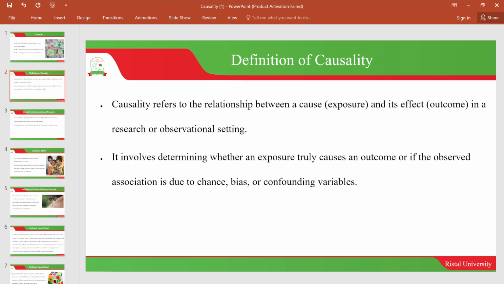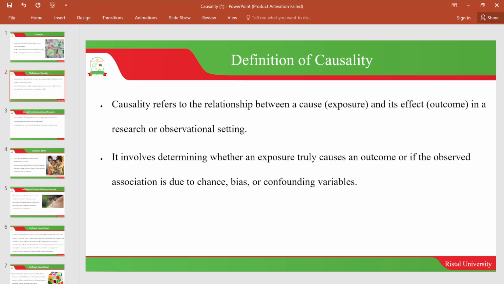Why are we very interested in this? We are very interested in this because if you don't know what causes what, then how can you design preventive interventions? You can't. If you don't know that exercising is linked to improving heart health, then you cannot encourage people to do exercise.